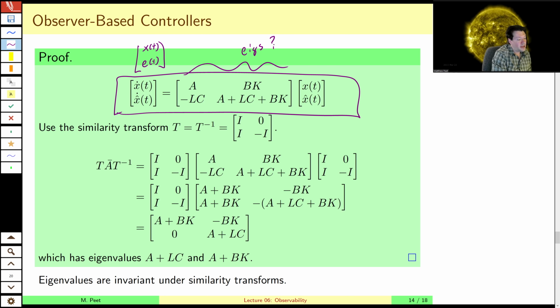Right. And how do we do that? Well, it's not obvious what they are at this point, but what we'll do is apply a similarity transformation. The eigenvalues of the matrix don't change under a similarity transformation. A similarity transformation is just an invertible matrix, and we choose this for our similarity transformation.